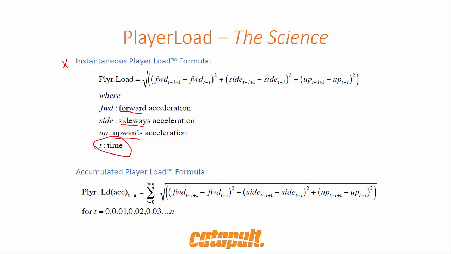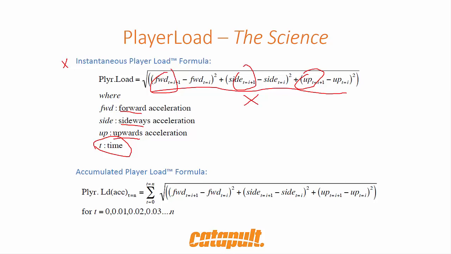So essentially what we're doing here is dividing it by a scaling factor, because if we didn't, we'd have numbers in the hundreds of thousands, and it wouldn't be a very nice number to work with. So essentially what we are able to see here is any movement we have in the forward plane, any side plane movement, and any upward plane movement, divided by the scaling factor to give me a nice number to work with.